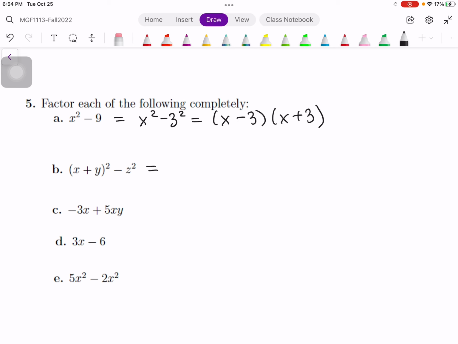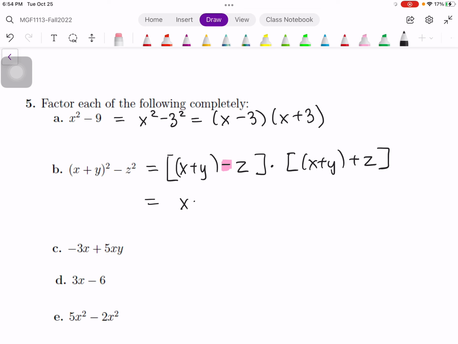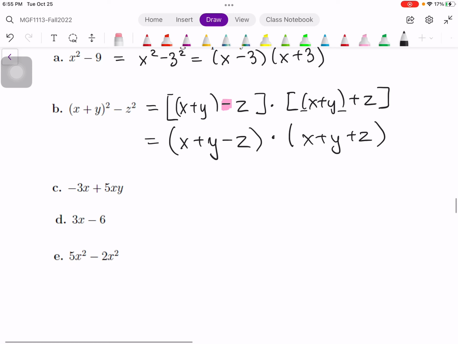You have difference of squares, remove the squares, that's your one factor, and then write the same, instead of a difference, the sum. Of course, here I'm going to simplify because I will drop the parentheses here and minus z, nothing to write now. So now brackets are not needed. I can write parentheses. And the same here, I will drop those parentheses and plus z. And that's the factored form.